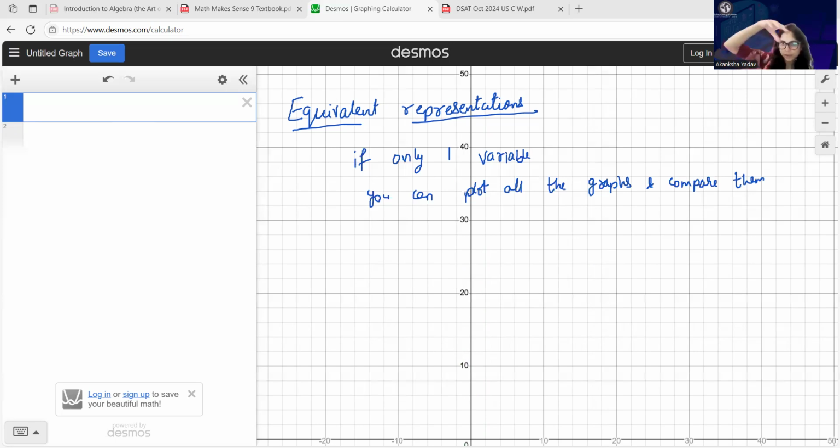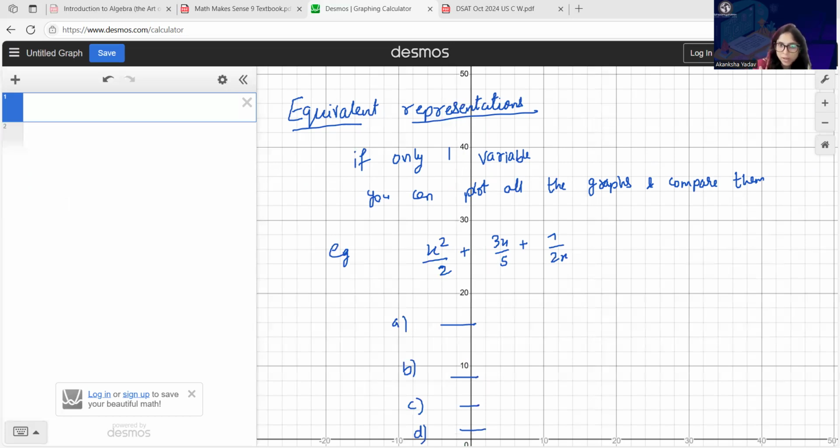For example, in the question they are asking what is the equivalent representation of x squared over 2 plus 3x over 5 plus 7 over 2x, something like that. And the options are given to you. Option A, option B, option C, option D. There's only one variable x and everything else is known.